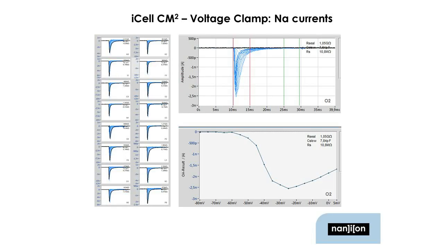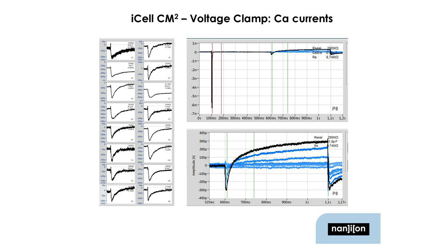And these are some example traces here of the iCells. So we get a nice sodium current of a couple of nanoamperes in the different cells. Also calcium current is there. So this is a double pulse protocol here. We activate the sodium current and try to have that inactivated at this part to see the remaining calcium current.